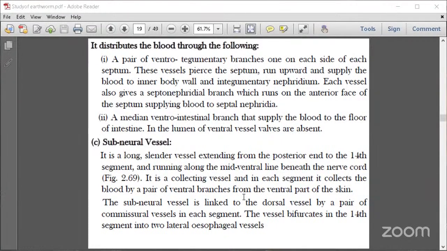The subneural vessel is linked to the dorsal vessel by a pair of commissural vessels in each segment. The vessel bifurcates in the 14th segment into two lateral esophageal vessels.